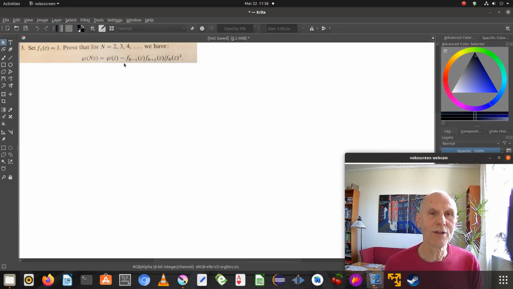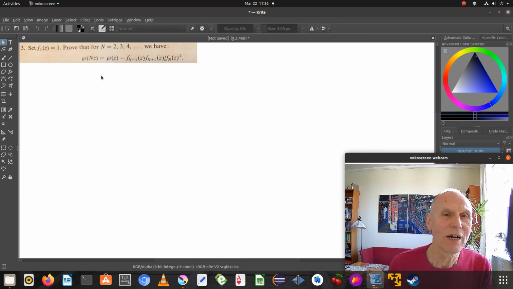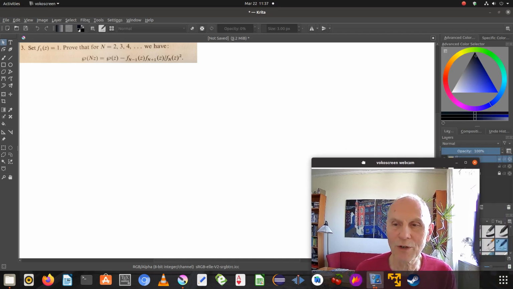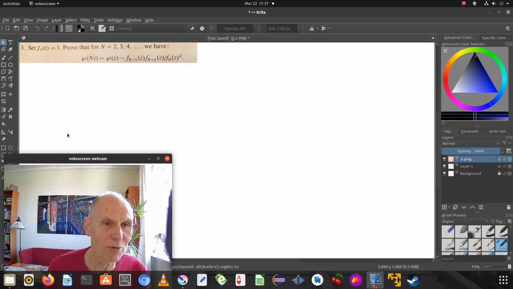When I saw this problem, I thought, wow, this may give us a recursion formula for fn plus 1, and then we'll be able to find all these expressions recursively. But I don't really know if we will be able to.